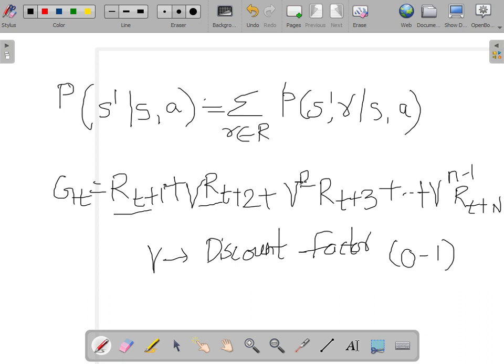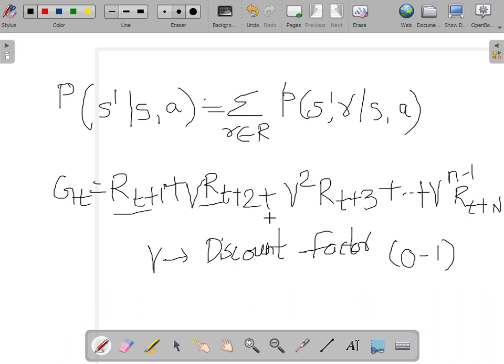The value keeps decreasing, so at one step this reward will get nullified. As it nullifies, it has reached a saturation point, and then your complete return will get completed.